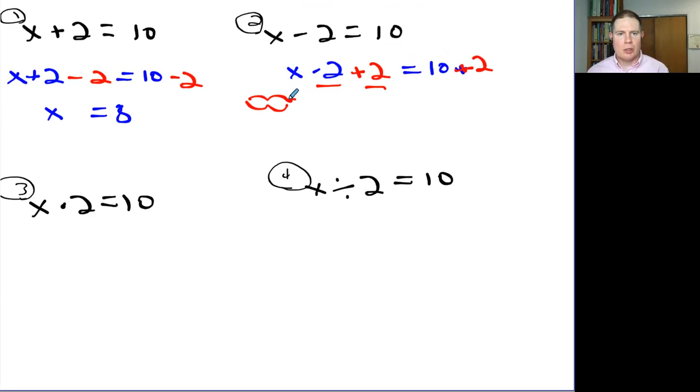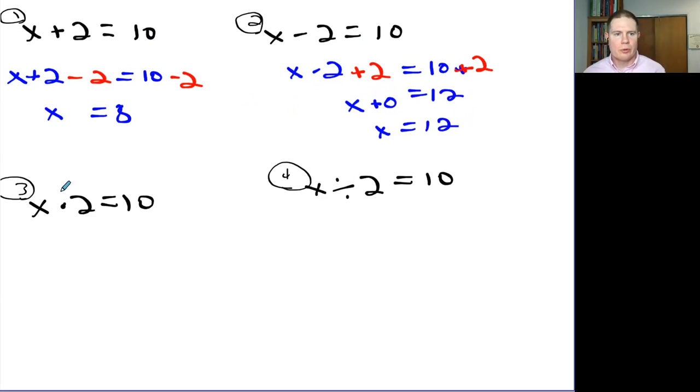X plus 0, I'm right back to x where I started. So back to plain x here. I don't have to write x plus 0, but I can. 10 plus 2 is 12. X plus 0 is x, so I get x equals 12.